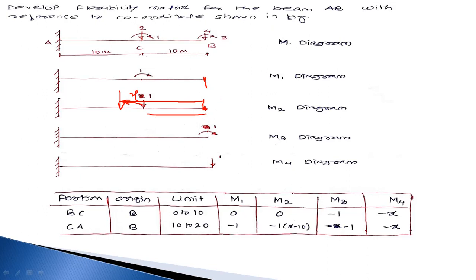Then next consider the third coordinate, that is a moment at the point B. So directly consider plus or minus. Direction of the moment is clockwise, consider right side is minus 1.